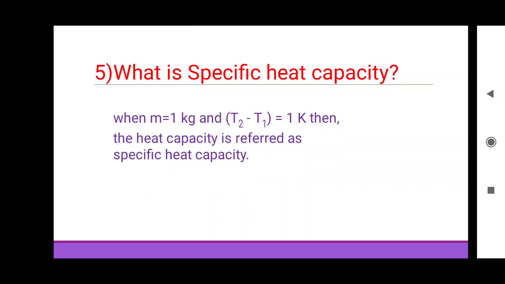The difference in temperature should be 1 Kelvin and mass 1 kilogram. Now the heat capacity is referred to as specific heat capacity. From the heat capacity, we have to make a condition. What is the condition? Mass has to be 1 kilogram and temperature difference should be 1 Kelvin.